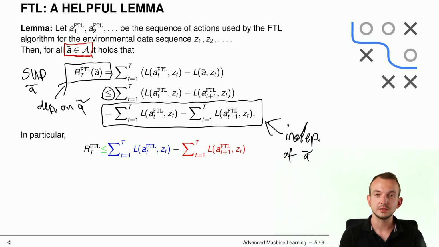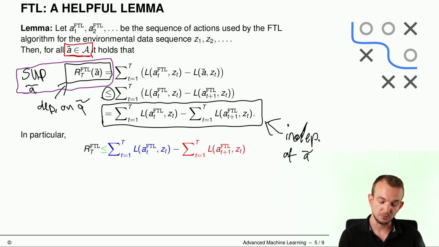And because the right-hand side is independent of A tilde, building the supremum on the right-hand side will not change anything. And well, this thing here, the supremum of the regret with respect to some competing action A tilde, this is how we have specified, in fact, the cumulative regret. So the overall cumulative regret, where we compare with the best action in hindsight. So the supremum here with the competing action A tilde will be attained by the best action in hindsight.